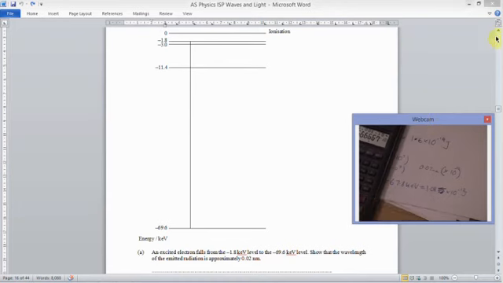Let's double check our working for that one. So there we go, conversion to electron volts, figuring out our energy, which seems slightly different. Am I looking at the right question? No, I'm looking at the right question.